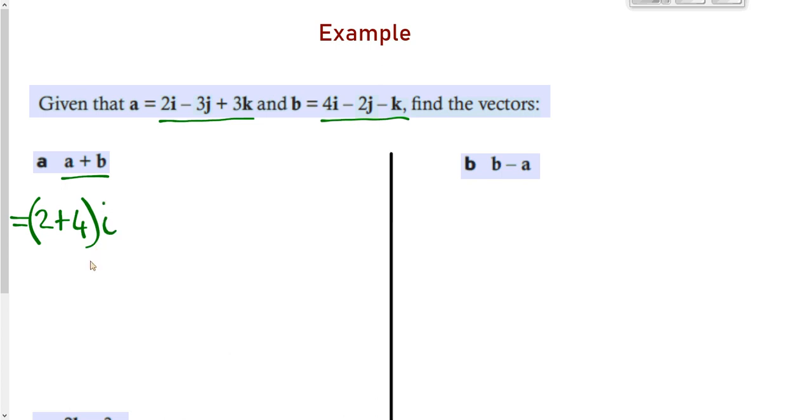Okay, and that's our I component, plus the coefficients here, -3 plus -2.